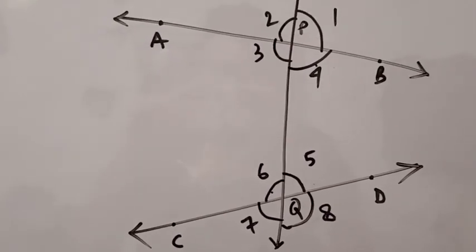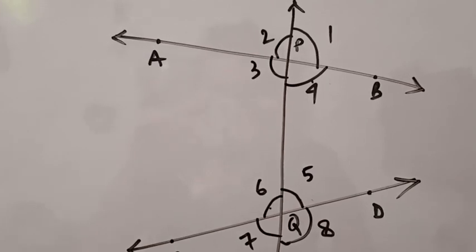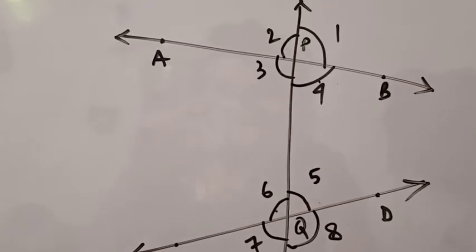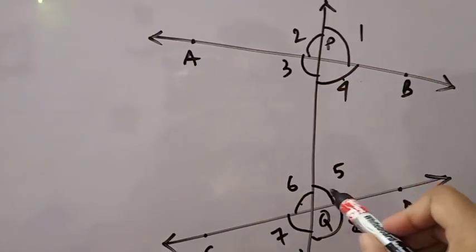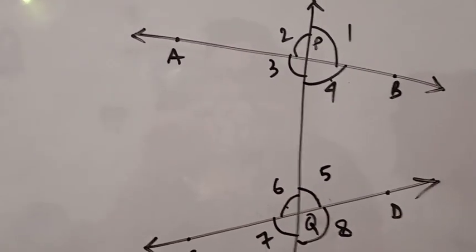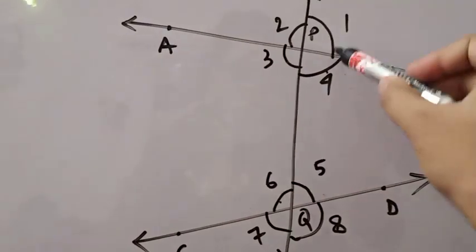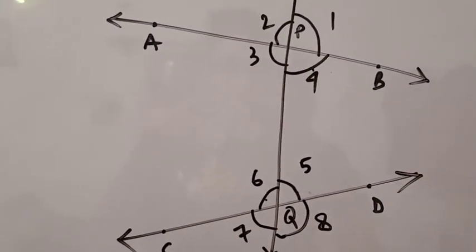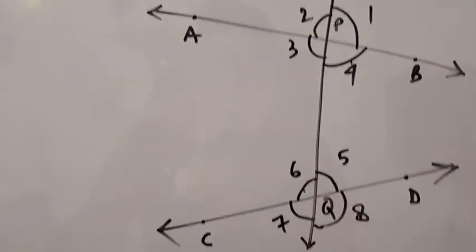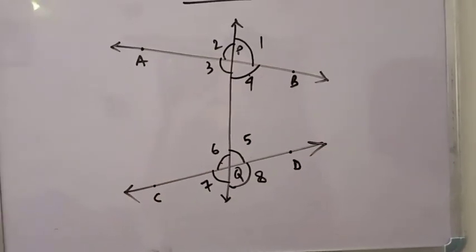Now alternate angles. This is a very important thing. What are the alternate angles? 3 and 5 are alternate angles. Similarly 4 and 6 are alternate angles. 1 and 7 are alternate angles. 2 and 8 are alternate angles.